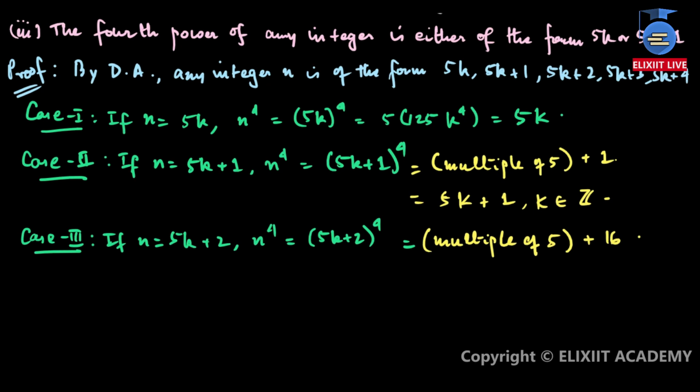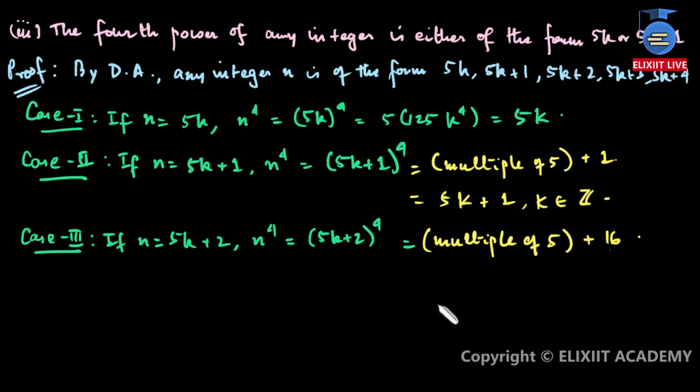In between, there are lots of terms, which depends on the binomial expansion. If you have the binomial expansion of a plus b whole to the power n, the first term is always a to the power n and the last term is always b to the power n. So the last term is a constant, which is your remainder, because plus 16 is your remainder. So multiple of 5 plus 16.